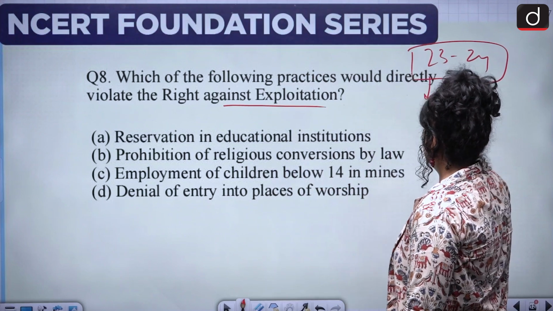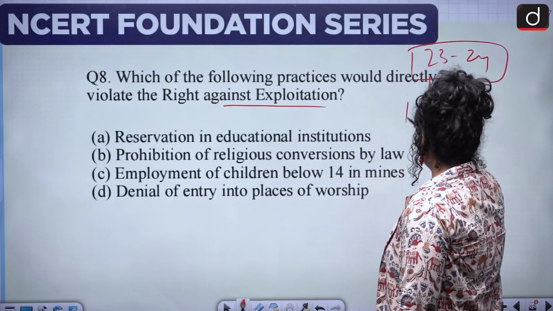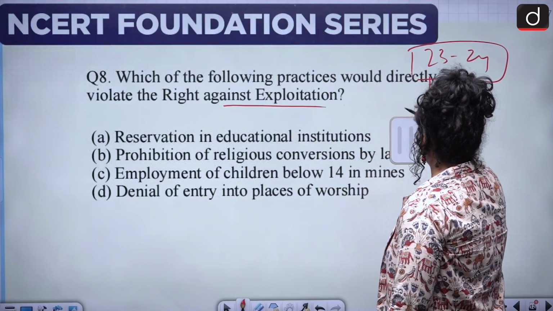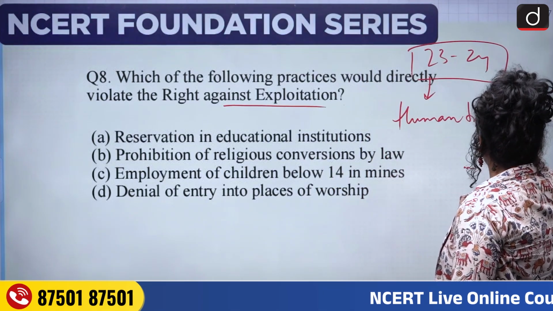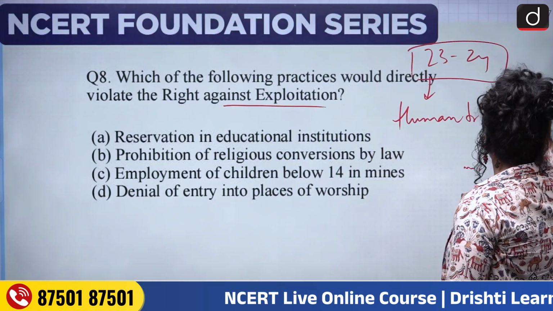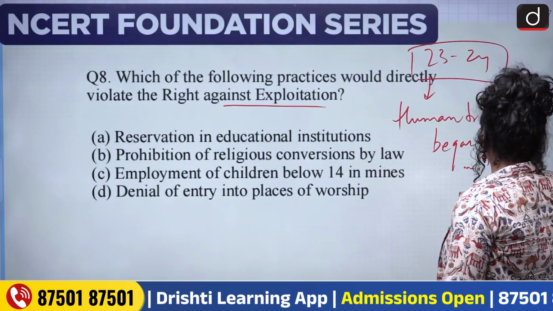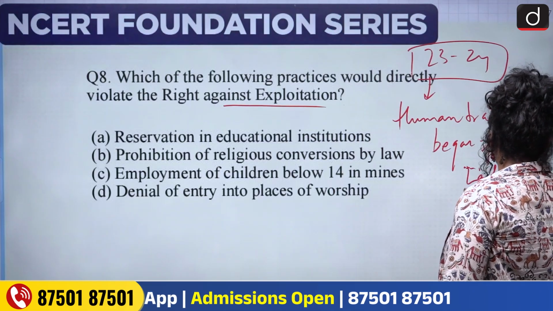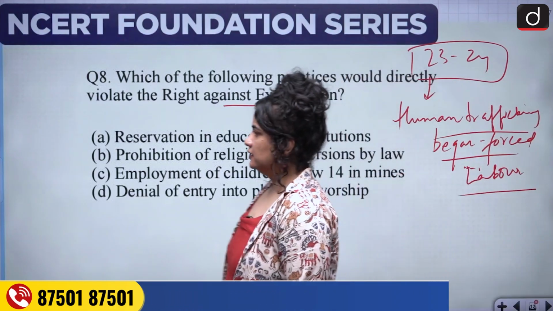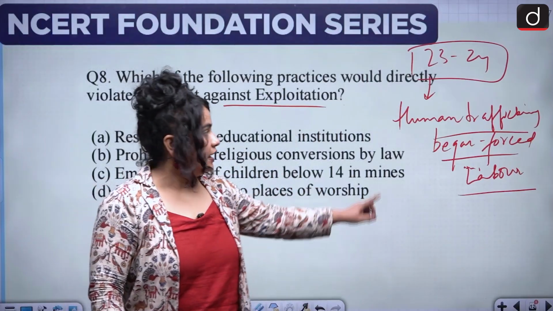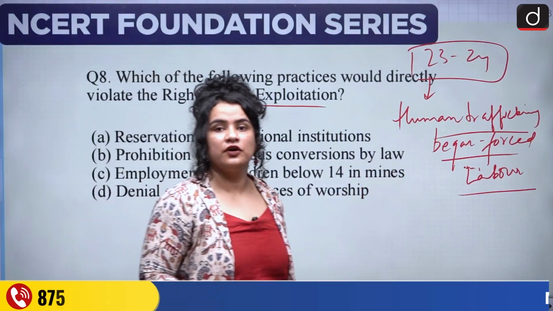One, right against exploitation under Article 23 talks about human trafficking and begar, which is some kind of forced labor, and Article 23 actually protects from exploitation against human trafficking as well as begar and other forms of forced labor.